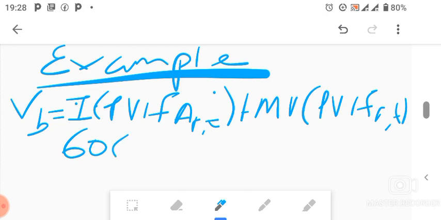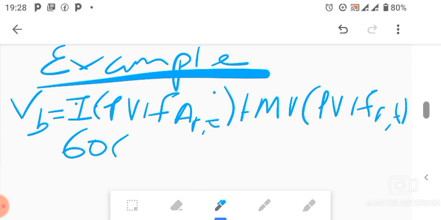How about the PVIFA in the brackets? These are the interest factor tables that you have. You look at the present value interest factor of an annuity table, and there you look for what rate? You would be wondering what rate we are using. The market rate given in the question is the rate you'll be using when calculating the value of the bond.